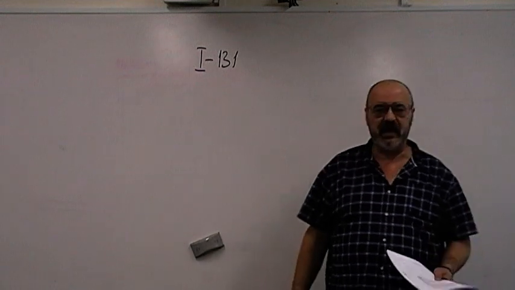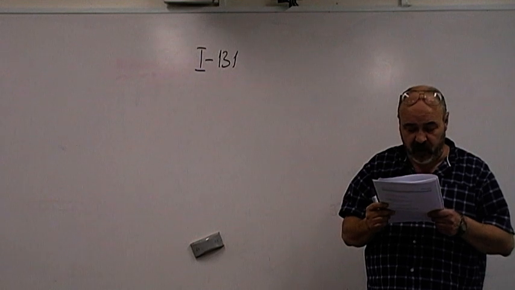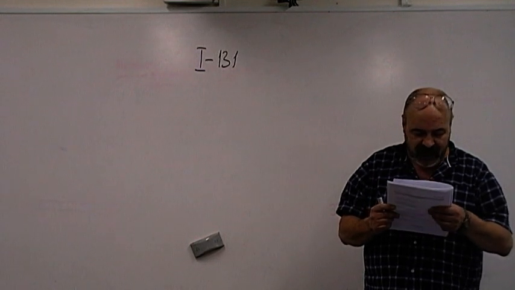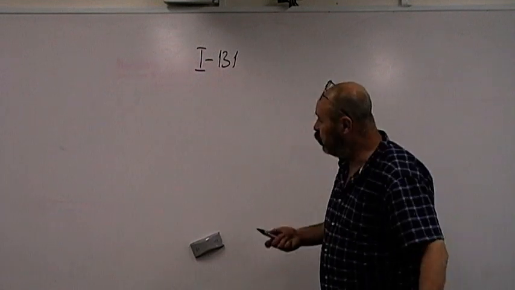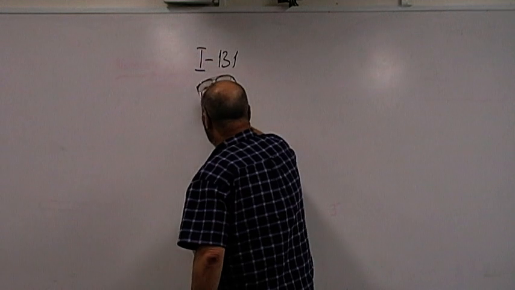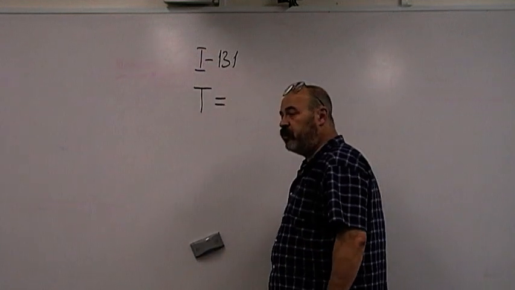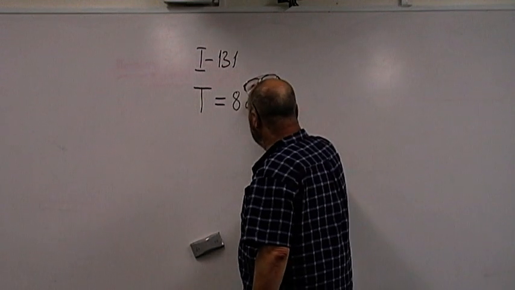And it has a period of half-life of 8.07 days. We will take 8 days to make calculations here. So we will use capital letter T to denote the period of half-life. So let's say it's equal to 8 days.